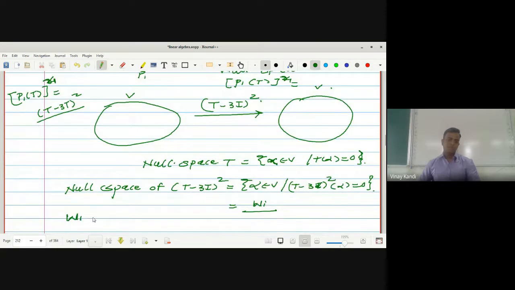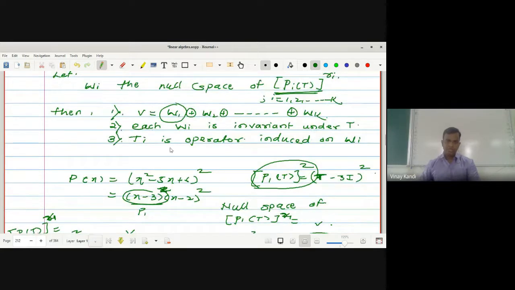W1 is P1 T, that's a null space. It is the null space of P1 T bracket raised to R1. Okay, which WI? This one, P1 T bracket raised to R1.